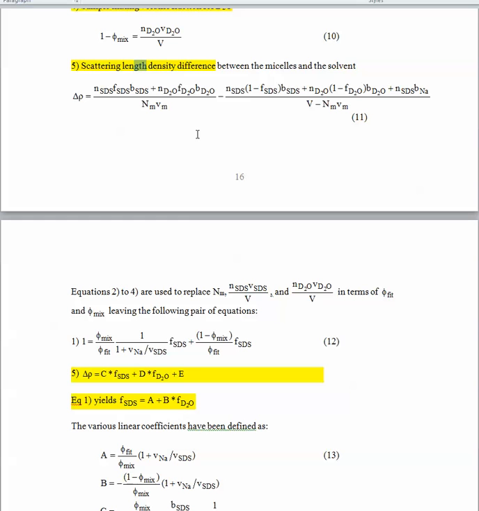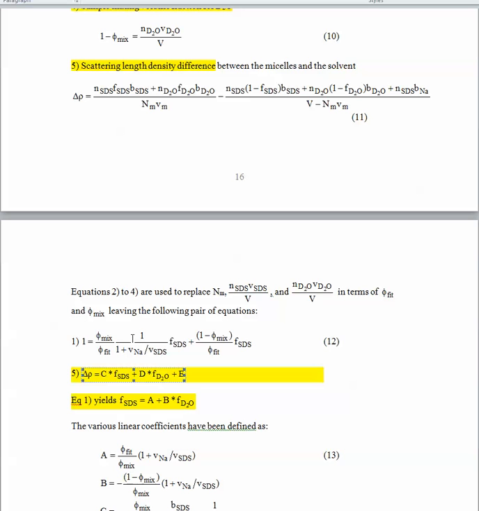So we can combine equations 2 and 4 and get equation 1 here. So we have a relationship between volume fraction for mixing that we know and the volume fraction from the fit in terms of the relative fraction of STS inside the micelles.